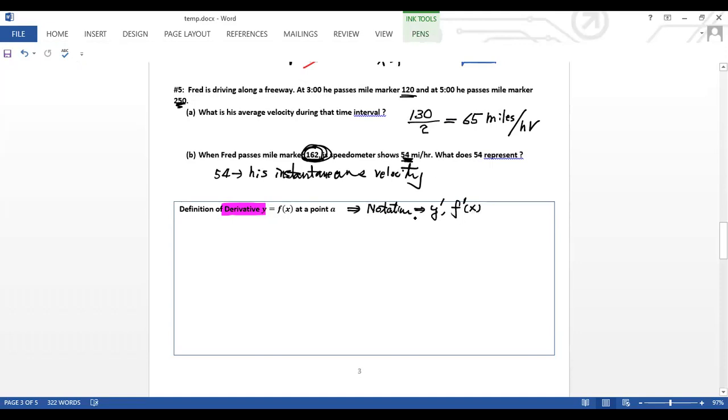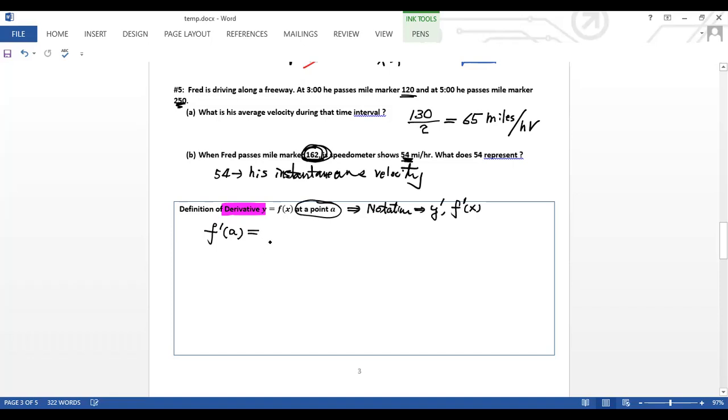We call this the derivative. When you are specifically at the point a, we say f prime of a.